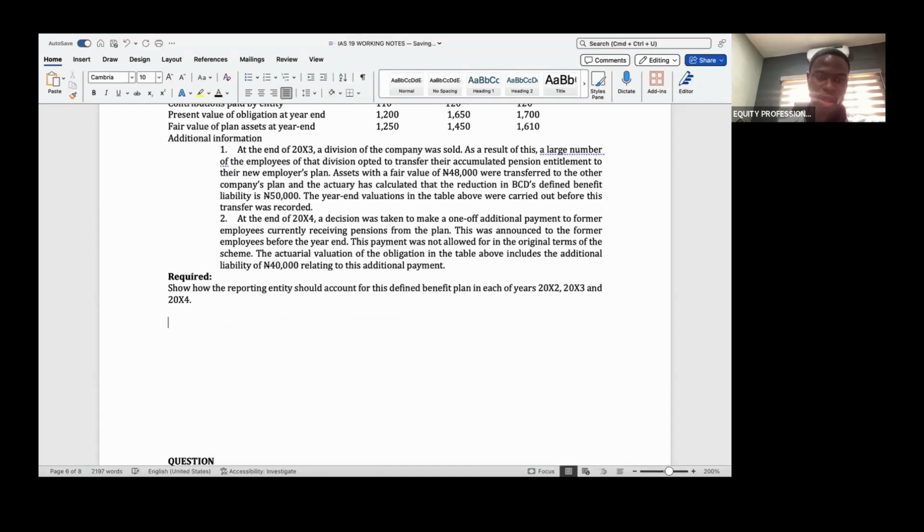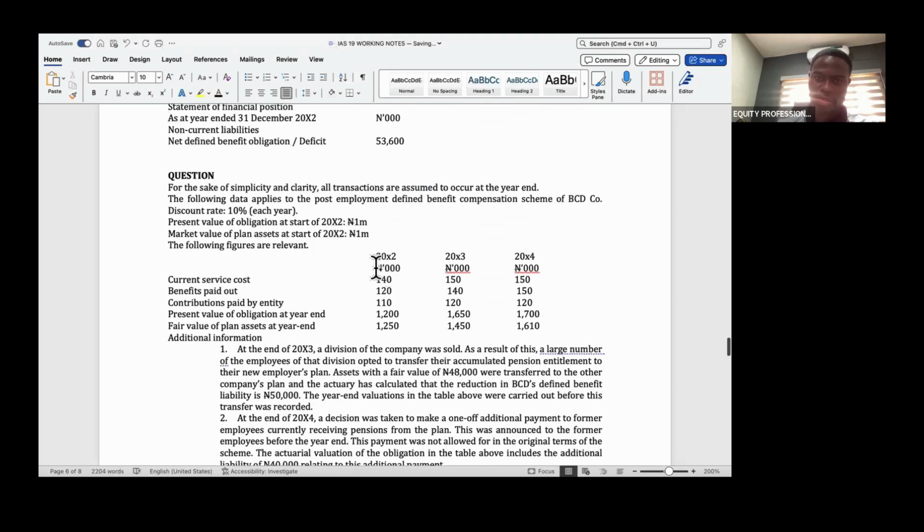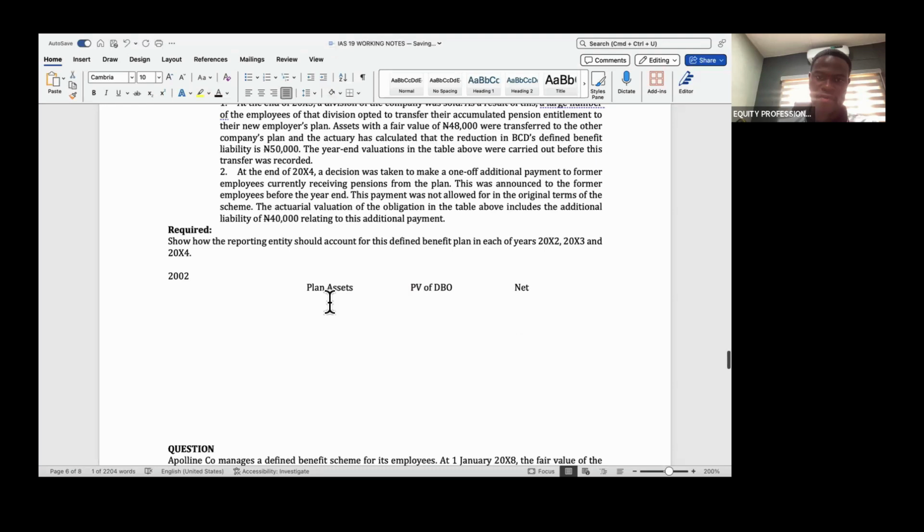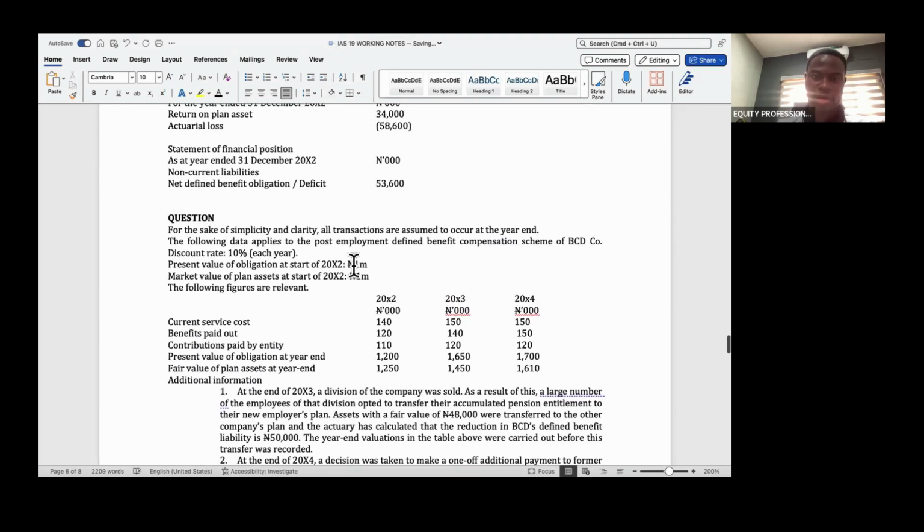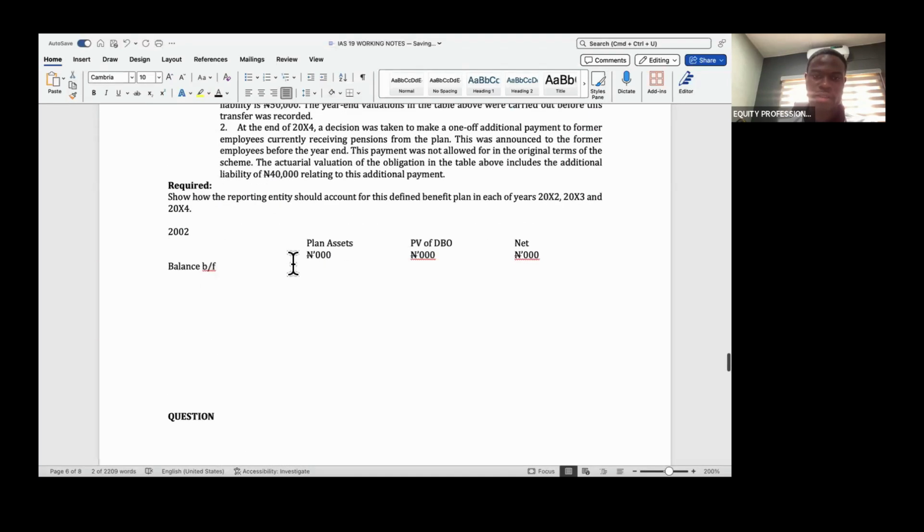So let's say this is 20X2. Of course, I will have my plan assets, I will have my PV of DBO, and I have the net. Okay, the balance at the beginning: the examiner gave me 1 million for obligation, 1 million for assets.